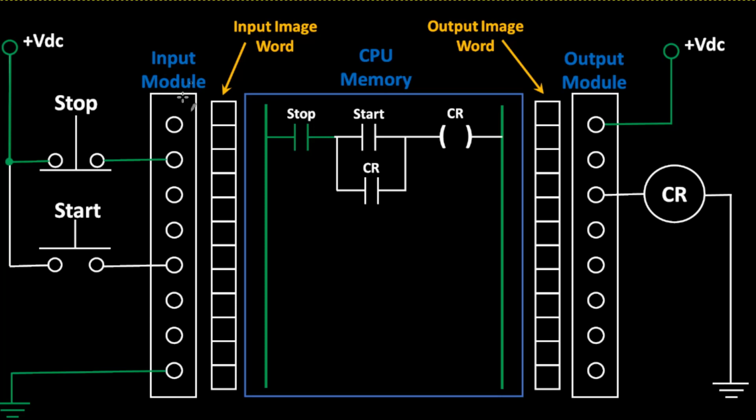In between the input module and the CPU, or the processor module, there's this word. It's a binary word. It's called a variety of different things depending on what manufacturer you're talking about. But in general, we're going to call it an input image register, because it's going to contain the status of the input devices.